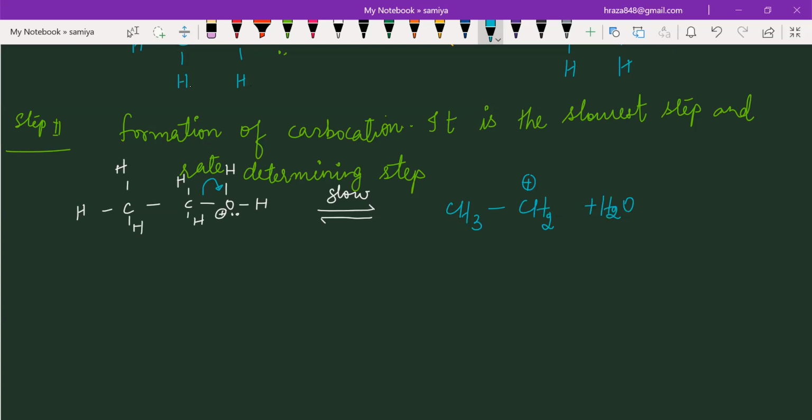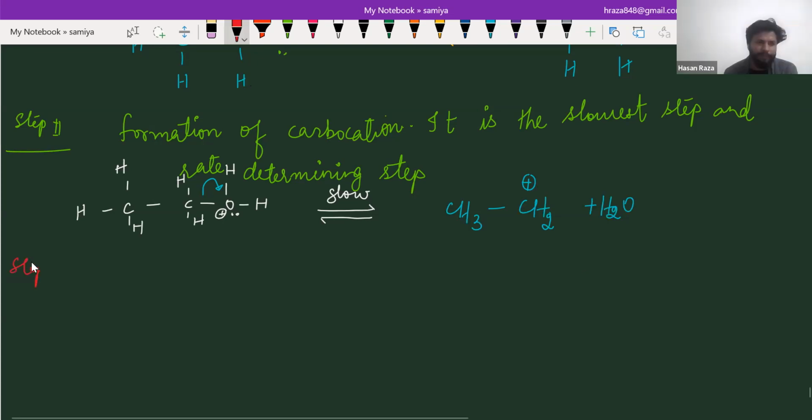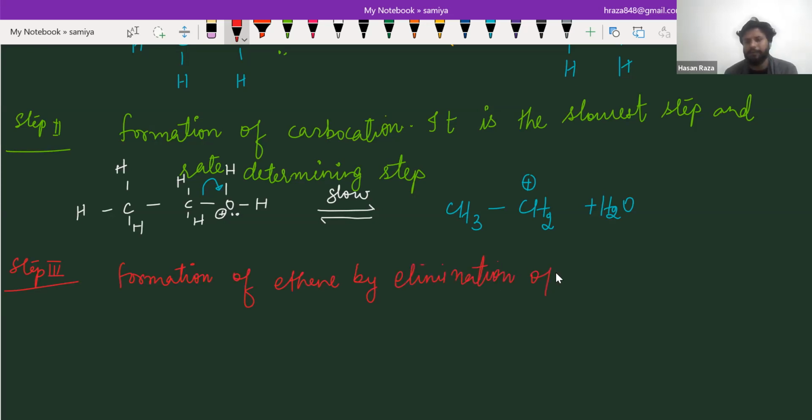Okay, sir. Now step 3, formation of ethene by elimination of proton. So we will take this as a reactant.